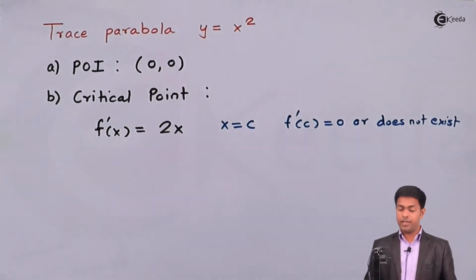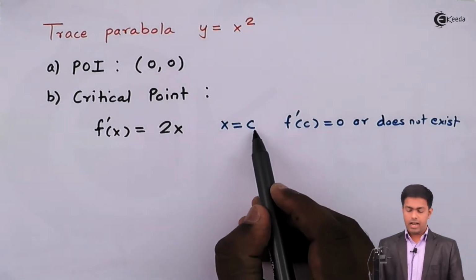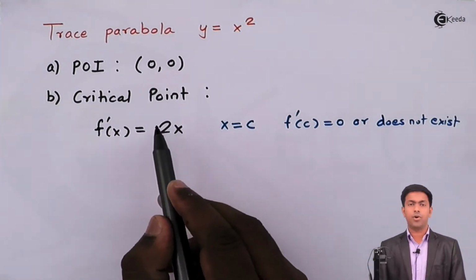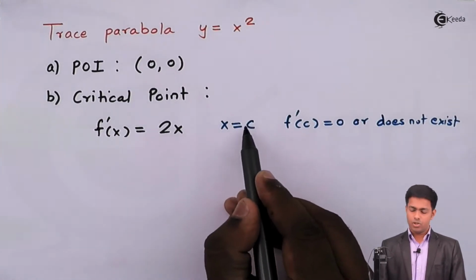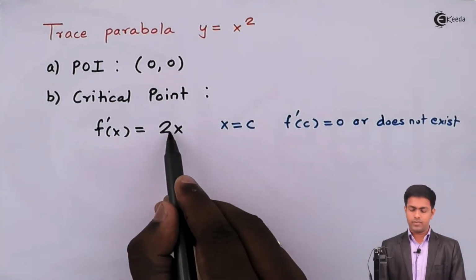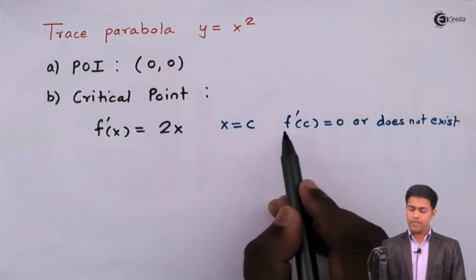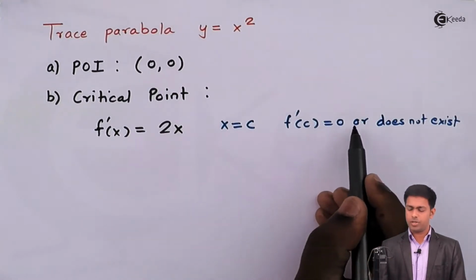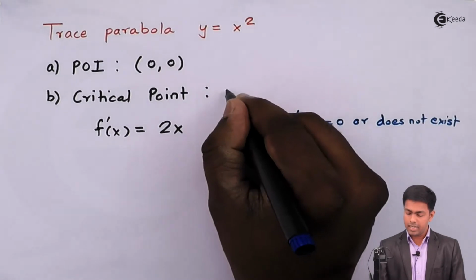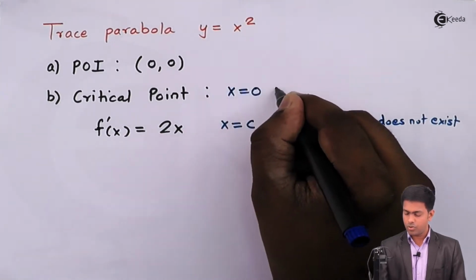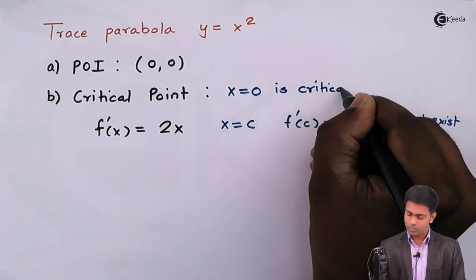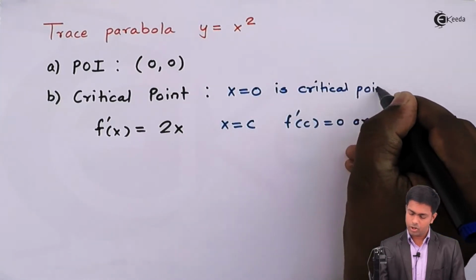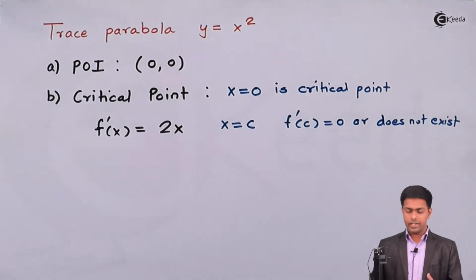So guys, can you tell me the point c at which this will be 0 or does not exist? Yes, that point is 0. At x equal to 0, this becomes 0, that is f dash of 0 is 0. So I can say that x equal to 0 is my critical point, because at this point I am getting the value of f dash of x as 0.